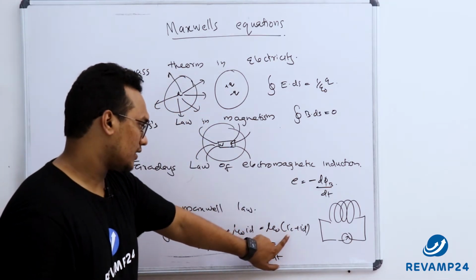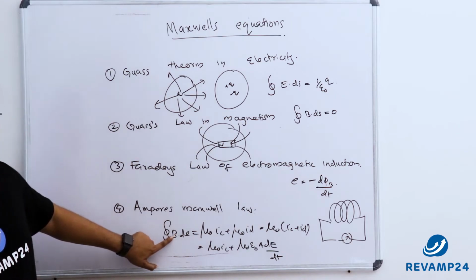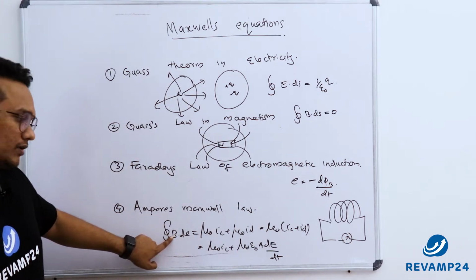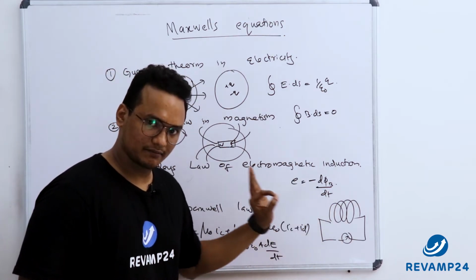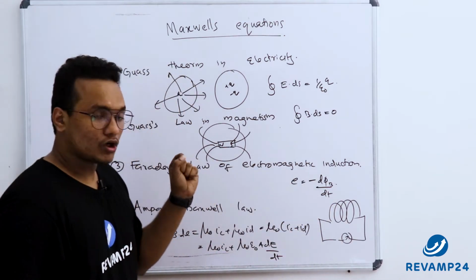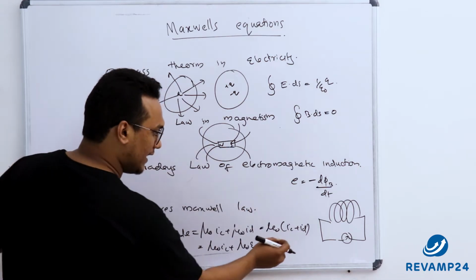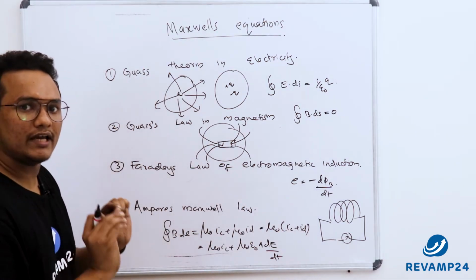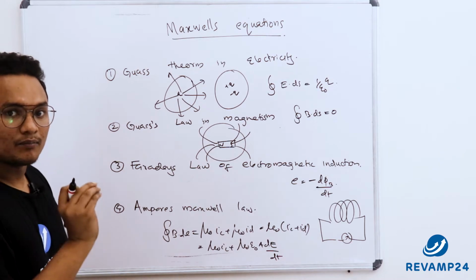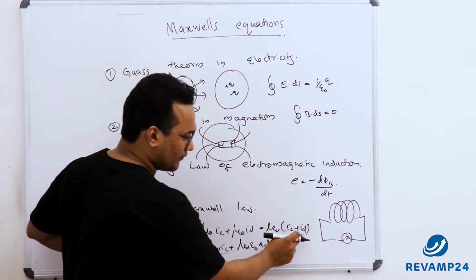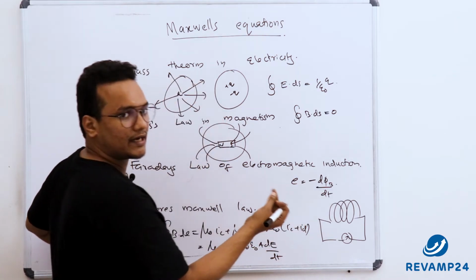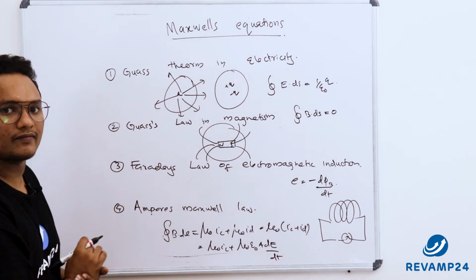Now as we know, current produces a magnetic field. It's always current that produces a magnetic field, but it is not only movement of charges. IC happens only due to movement of charges, but we have learned that displacement current also produces a magnetic field in space.